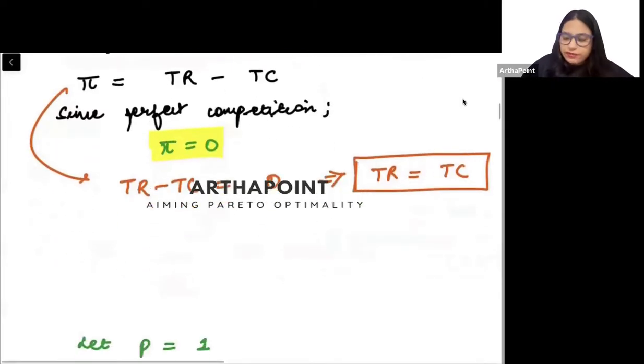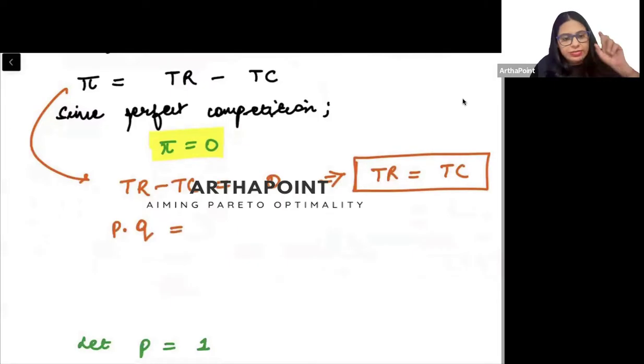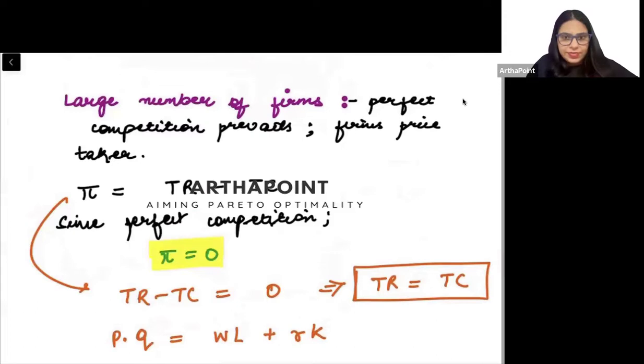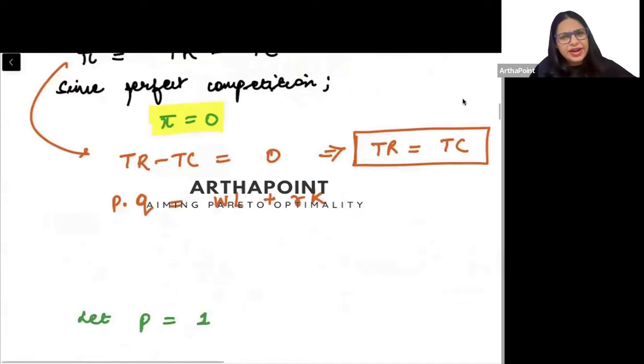Now, what is total revenue? Total revenue is price into quantity. What is total cost? I am either spending on labor or capital. So it is nothing but WL plus RK. Let us say, suppose that I am taking price at 1. I am normalizing price at 1. ठीक है, जरूरी नहीं है. You can keep price as it is also. You can normalize it at 1 also.